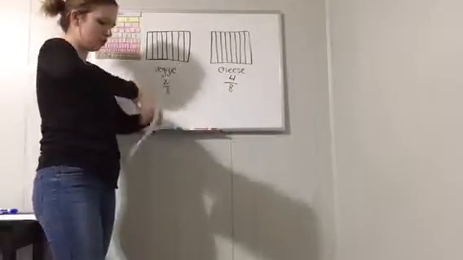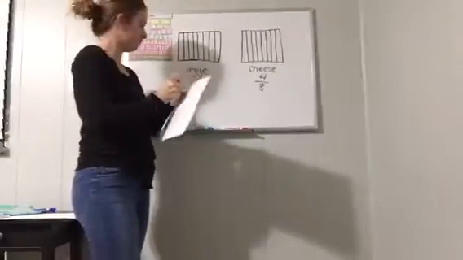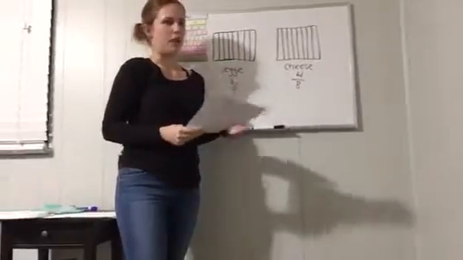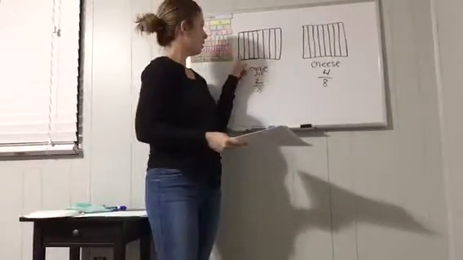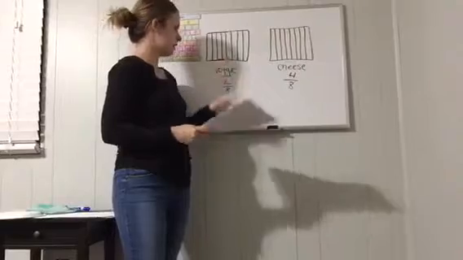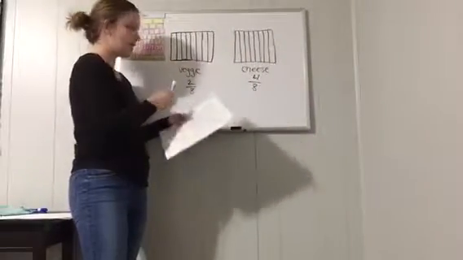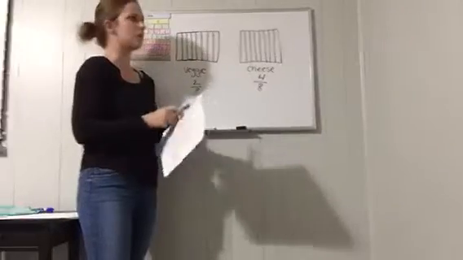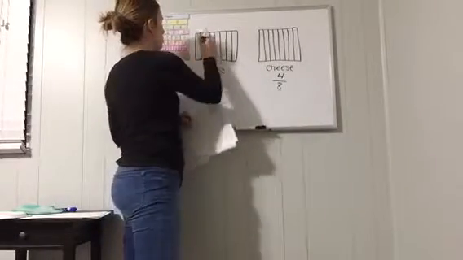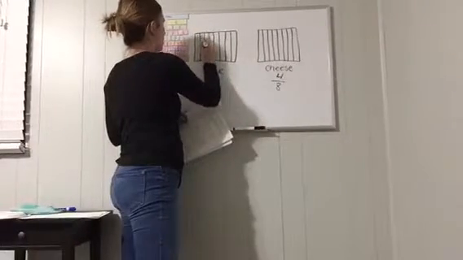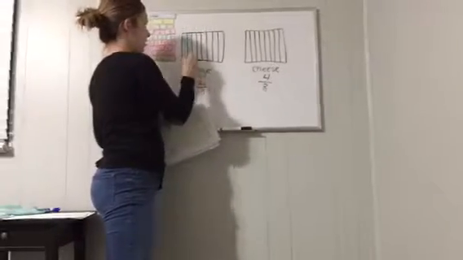So I would show students that to show how much was eaten, we would have to shade in some of these pieces. So for the veggie, I'd ask them how many pieces they would need to shade in, and their response should be 2. So 2/8.